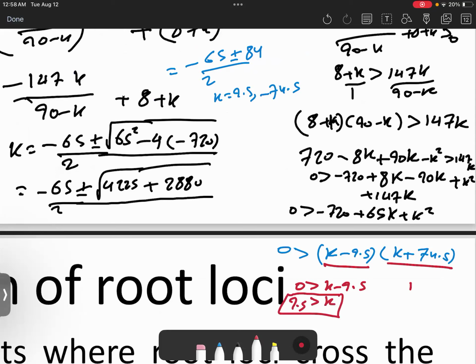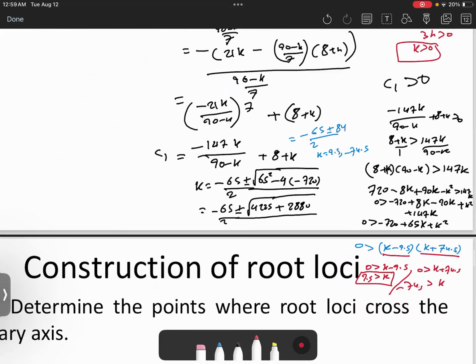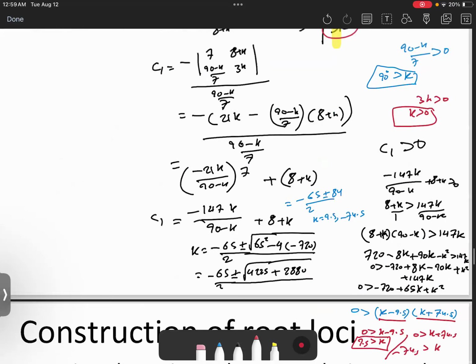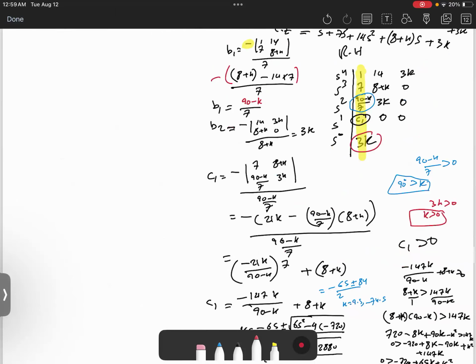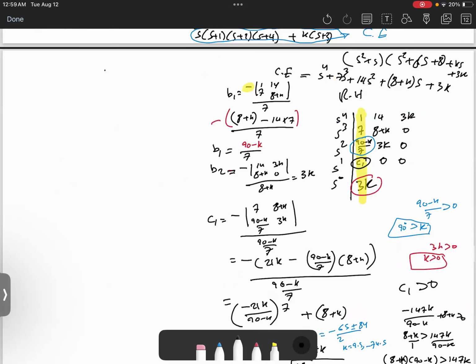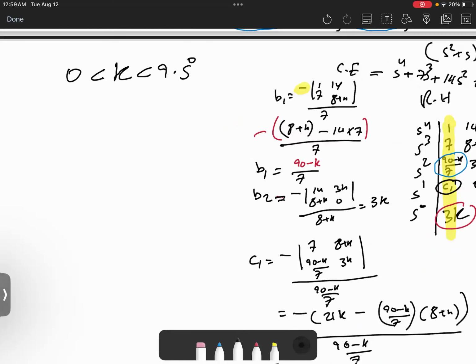Then the other one, k plus 74.5 less than 0, therefore k less than negative 74.5. Let's look at the negative numbers of k, then we will look at the positive numbers. So I would say k will be bounded between 0 and 9.5.